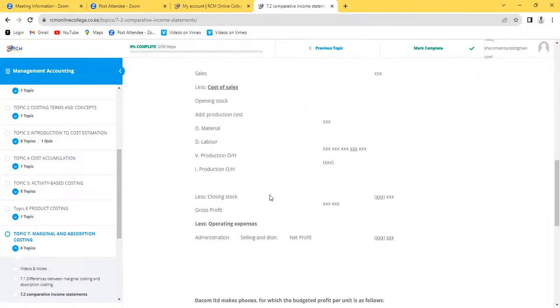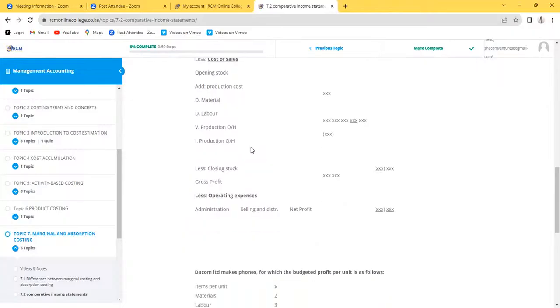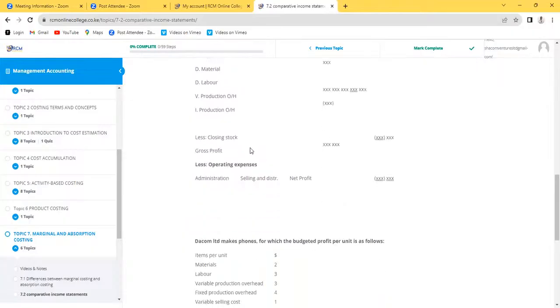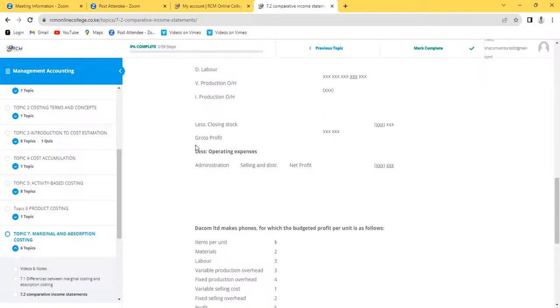Then we less closing stock to get gross profit. But the gross profit you are getting here is first of all the unadjusted. You adjust it by looking at over or under absorption of overheads. Then you get to the deduction of the fixed non-production costs.